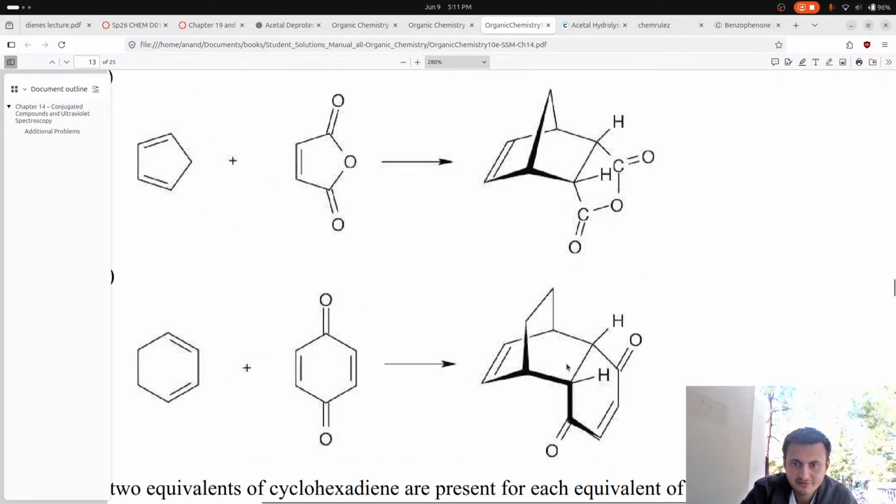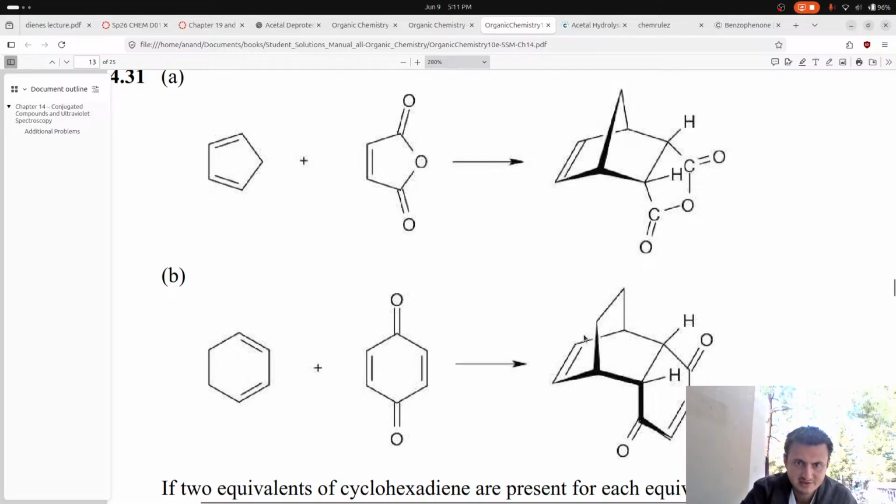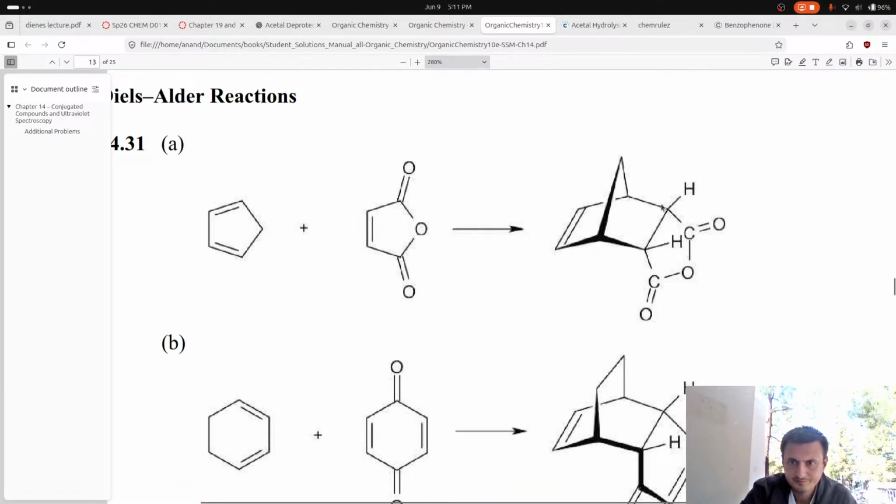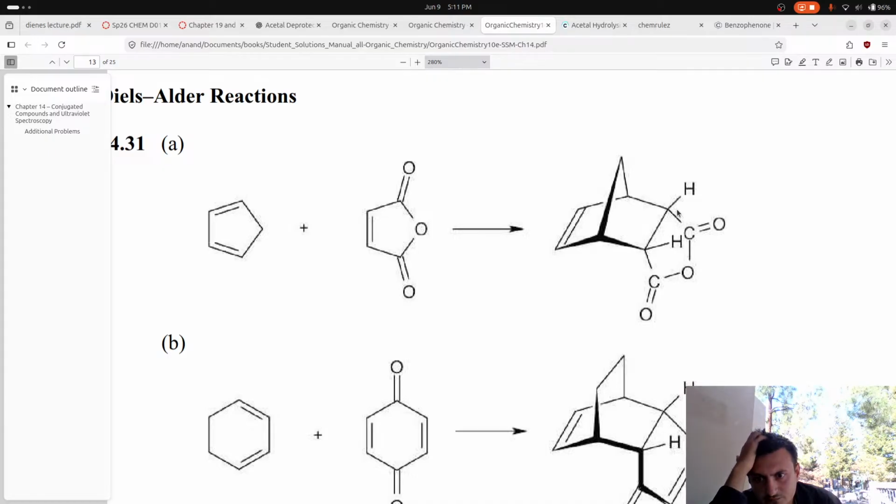Yeah, so here we have a fused ring. Okay, that makes sense.